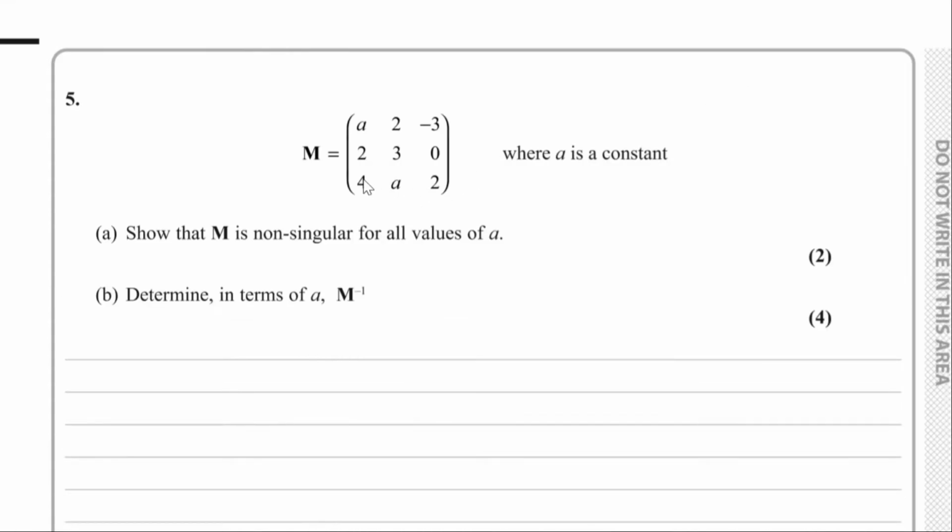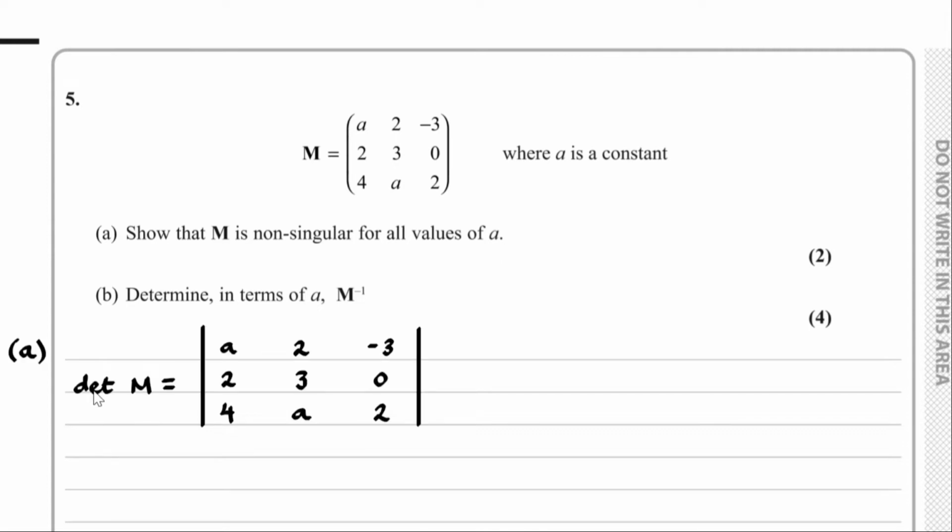Question number 5. We are given the matrix M, which is equal to a², minus 3, 2, 3, 0, 4a, where a is a constant, and for part A we have to show that M is non-singular for all values of a. So for part A, we need to find the determinant of M to begin with.